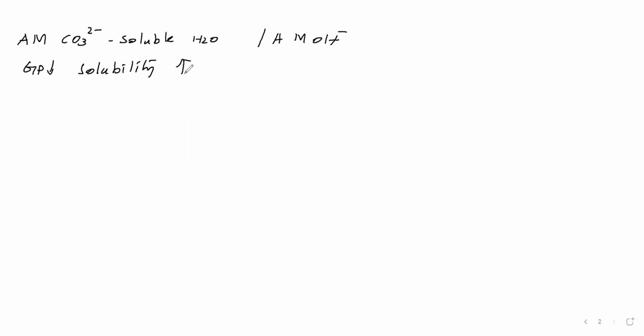Solubility, in the sense, has two factors playing a role. One is lattice enthalpy. Another one is hydration enthalpy. Down the group, the radius of the cation increases. Therefore, what happens to the lattice enthalpy? Lattice enthalpy is directly proportional to charge of cation times charge of anion, divided by radius of cation plus radius of anion.